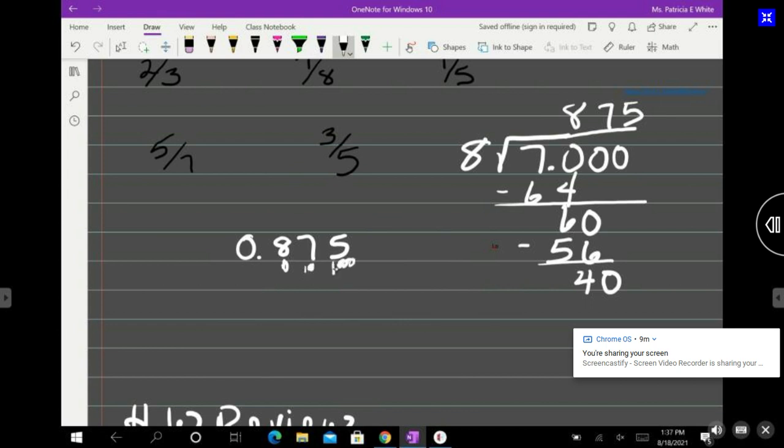So if I want you to round it to the hundredths place value, that means you got to look at the 5, and the 5 says that the 7 needs to do what? So this is going to be approximately 0.88.